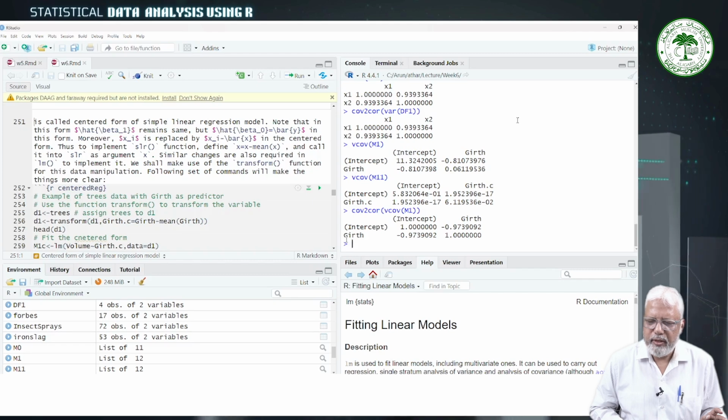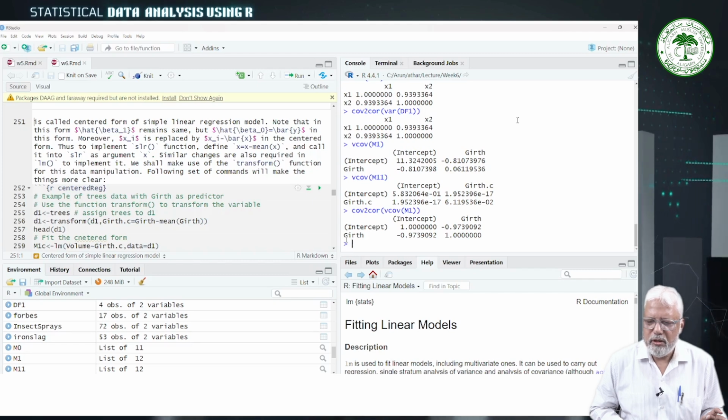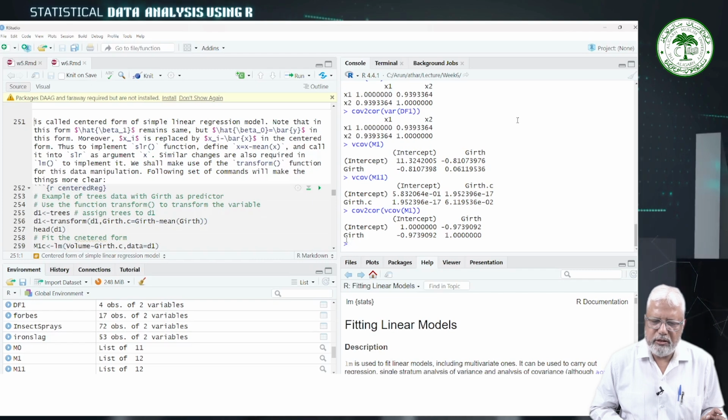There is minus 0.97 correlation, which is a very high correlation.